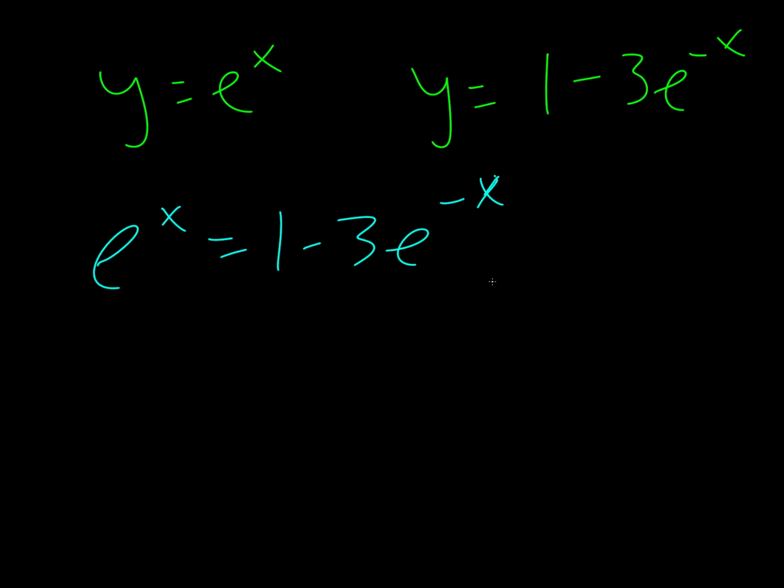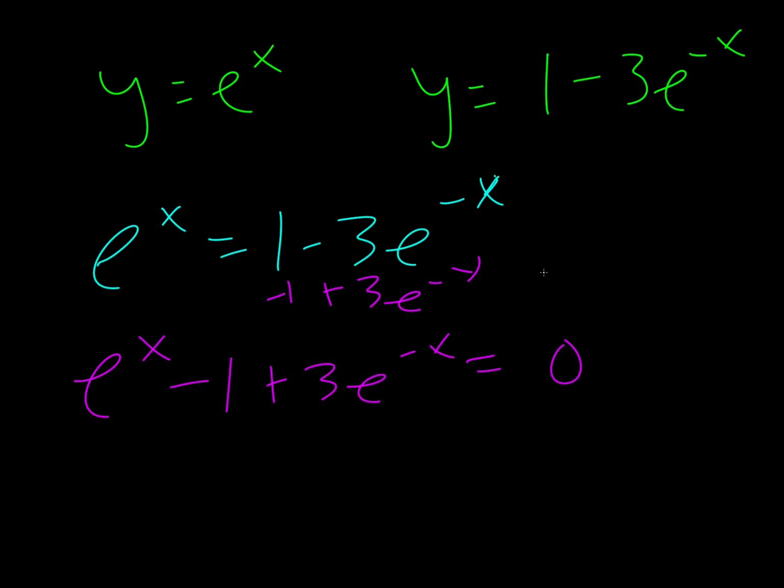When we're doing this, we want to get everything onto one side. So we're going to get e to the x, minus 1 plus 3e to the negative x equals 0.